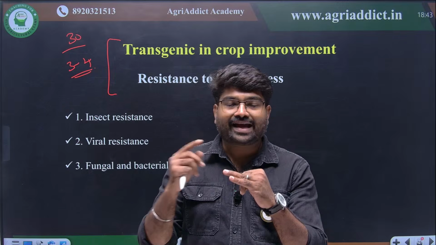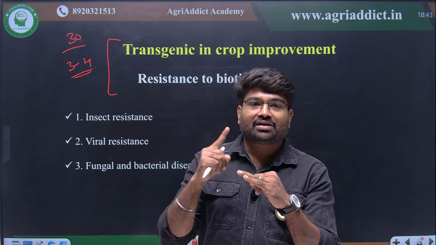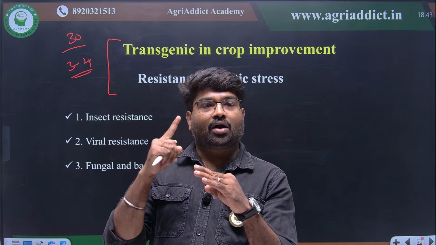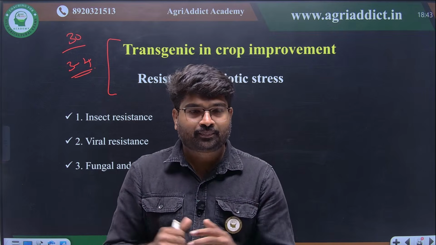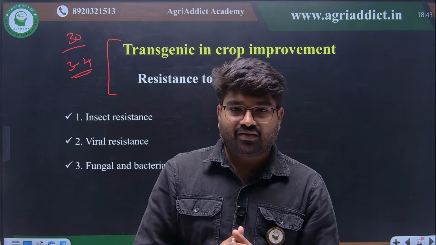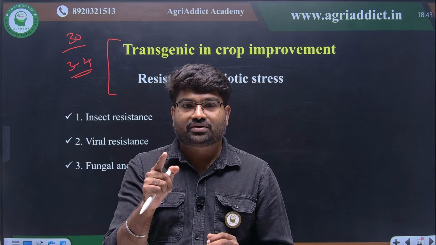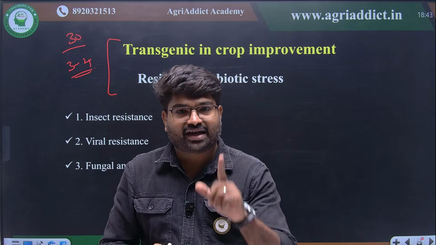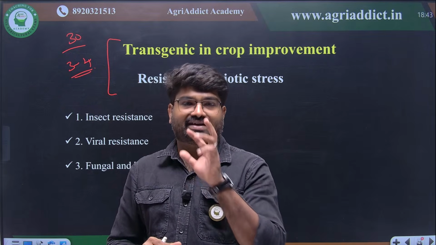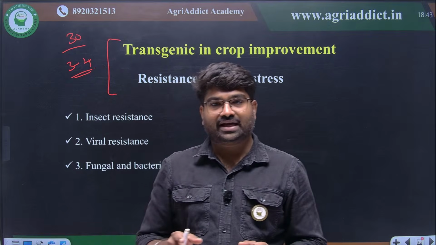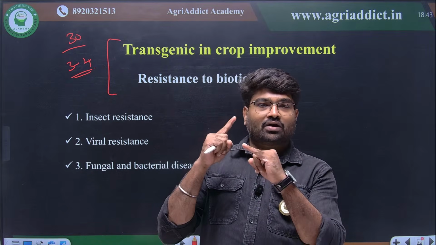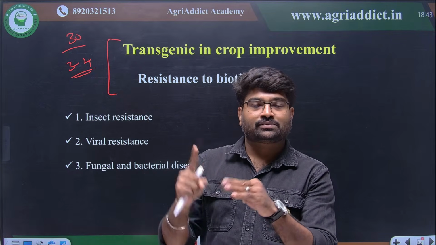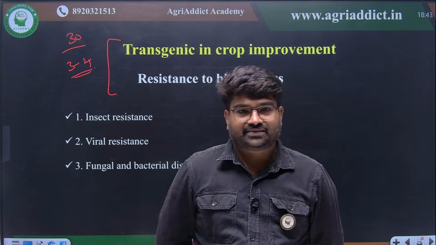Then the second most important thing, what are the commercialized varieties for each and every crop along with the traits? For example, in 2023 they asked: Freedom 2 is a variety of which crop, for which trait? It's a variety of papaya for virus resistance. Like that also they can ask questions. So you have to know what the different transgenes are, what the source of the transgene is, and what the commercialized varieties are.